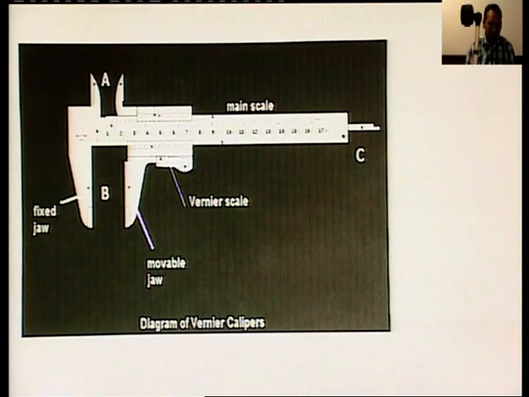The part labeled B in the diagram is used for measuring external diameters. Here the object whose diameter is to be measured is kept in between the fixed jaw of the vernier caliper and the movable jaw which is continuous with the vernier scale.